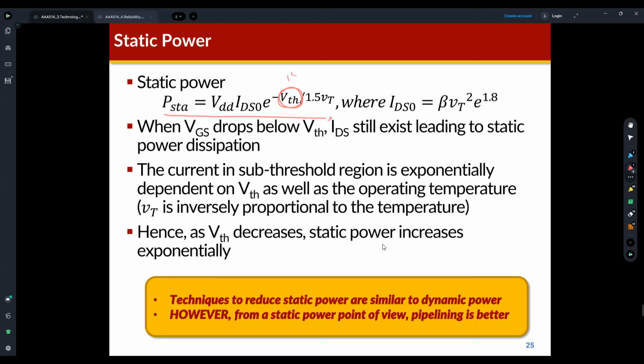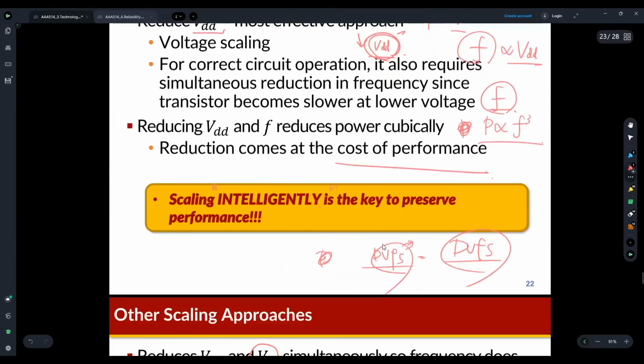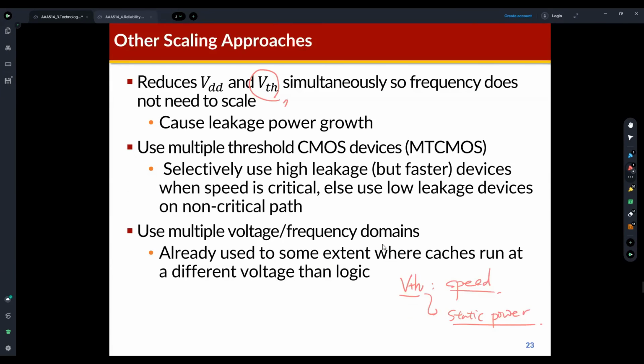Which means that if we reduce the threshold voltage of our CMOS circuit, then static power increases exponentially. Oh, that's so bad, actually. So that's some dilemma of the current semiconductor technology.